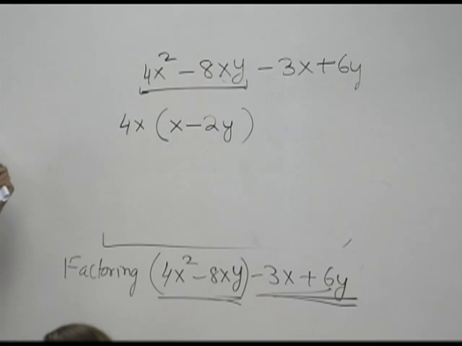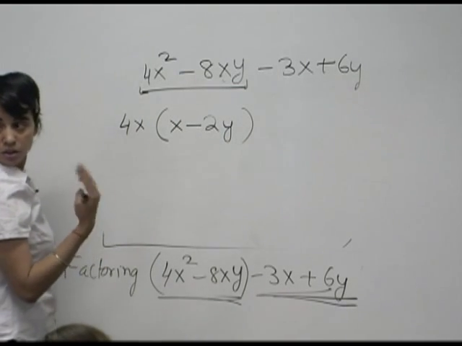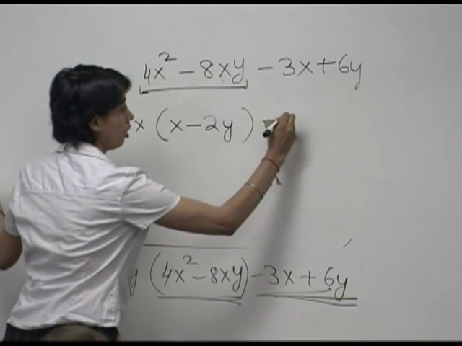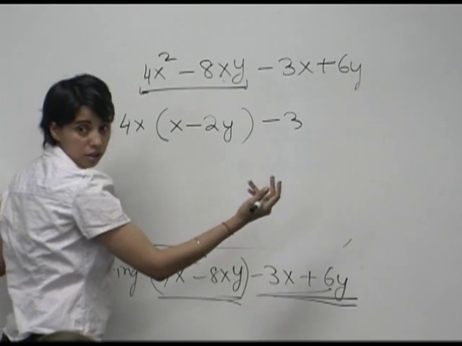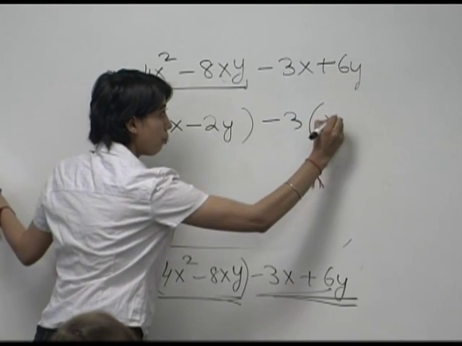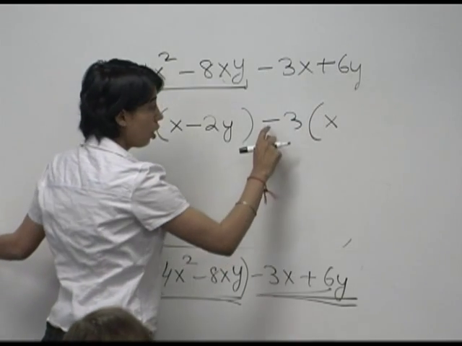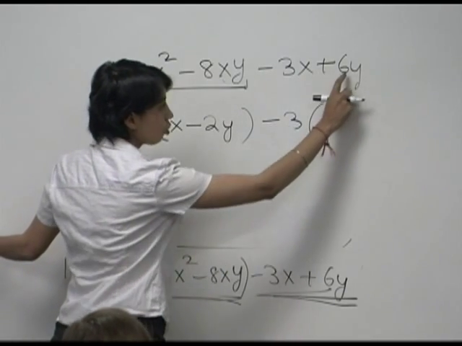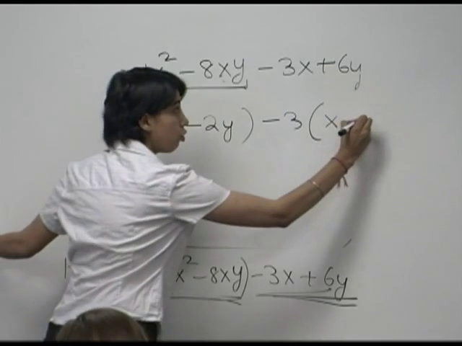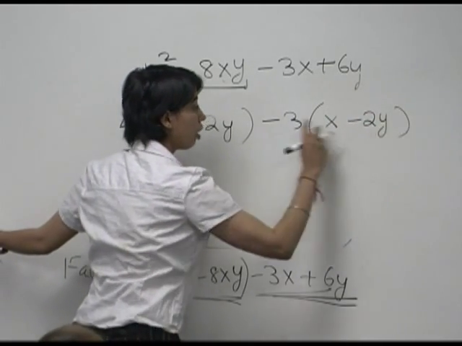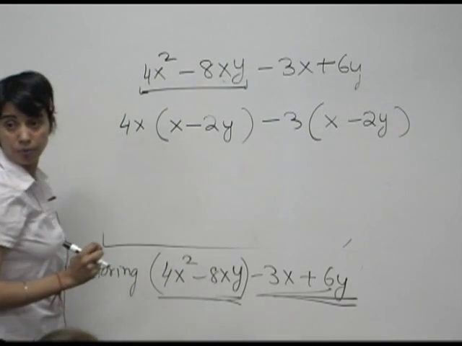What can I pull out common to get positive x here? Negative 3 common. If I pull out negative 3 common, negative 3 times x is negative 3x. What do I multiply with negative 3 to get positive 6y? Negative 2y, right? Because when I distribute it, I need a positive 6y.